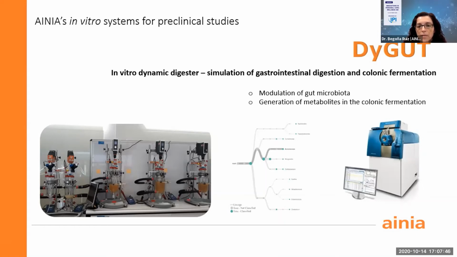Through the application of metagenomics and metabolomics, we can see how the microbiome is evolving, and also we can check if additional generation of metabolites in the colonic fermentation is happening.